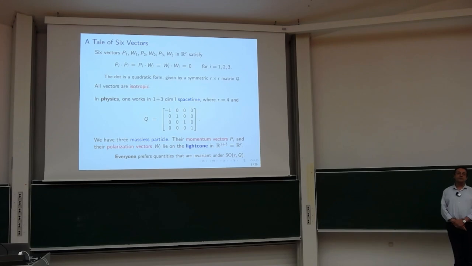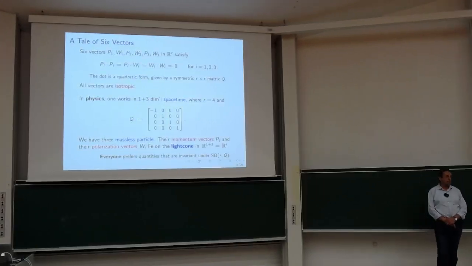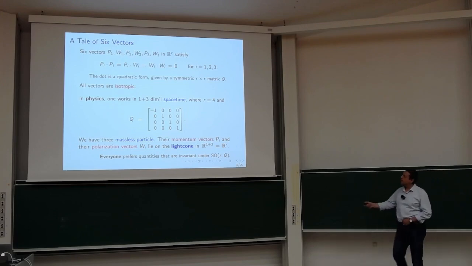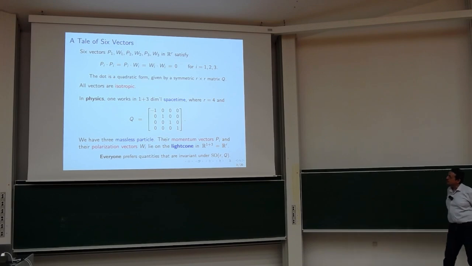So this gets used when we speak about the 4-dimensional space-time that surrounds us, with 3 space dimensions and then the -1 for the time dimension. Then here the i = 1, 2, 3 refers to 3 massless particles, such as photons.